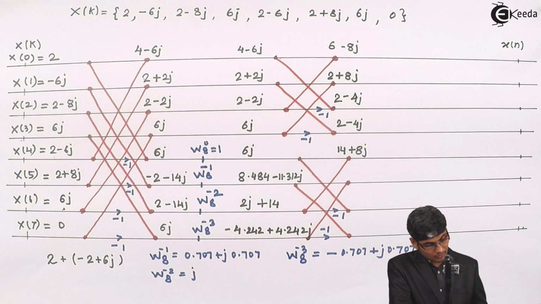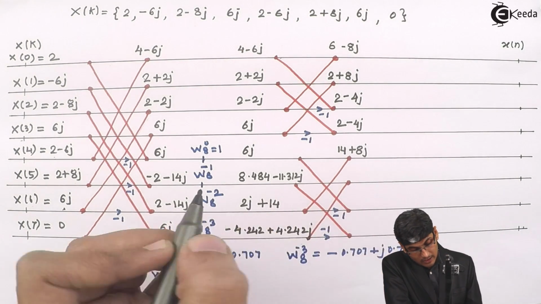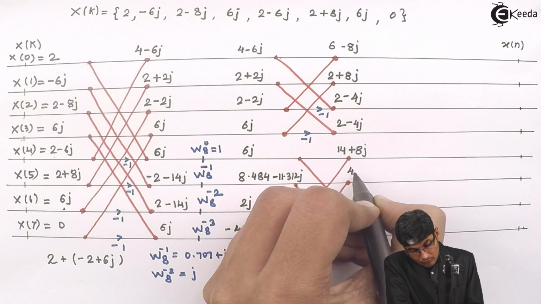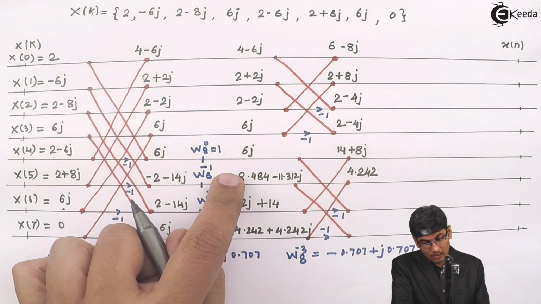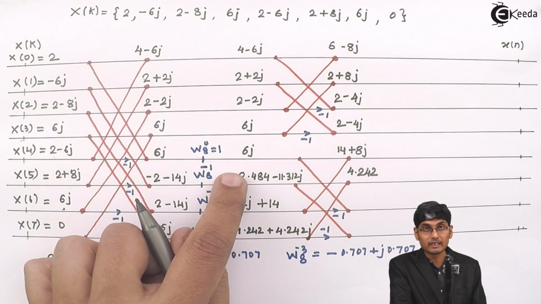So we will be performing 8.484 subtracted by 4.242. So that will give me exactly the half value, 4.242, with the plus sign, because the upper sign is greater.